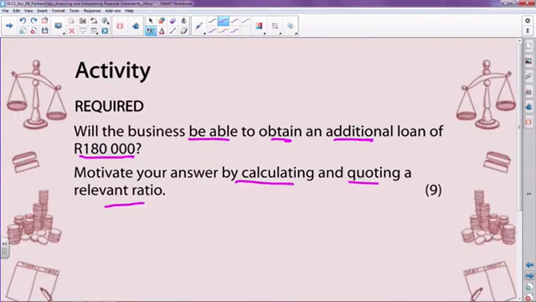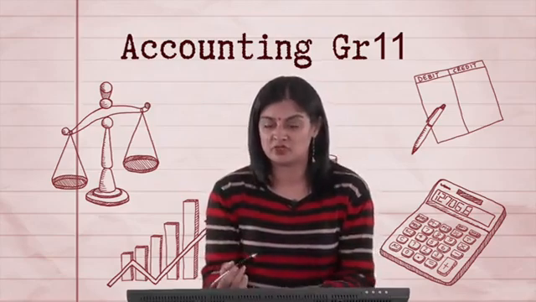Right, now immediately guys, obtaining an additional loan is obviously looking at borrowing capital. Can the business borrow additional capital? And they want you to motivate your answer by means of a calculation. In other words, calculate a ratio and motivate your answer.